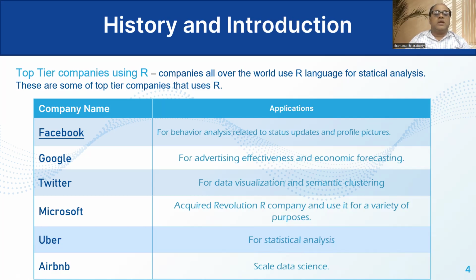R is used by Microsoft, which acquired Revolution Analytics, the R company, for a variety of purposes. R is used by Uber for statistical analysis. R is used by Airbnb to scale data science driven applications. These are some of the top tier companies using R programming all over the world for statistical analysis.